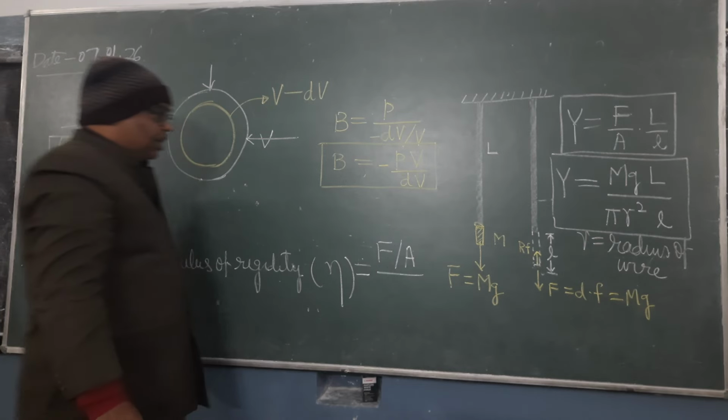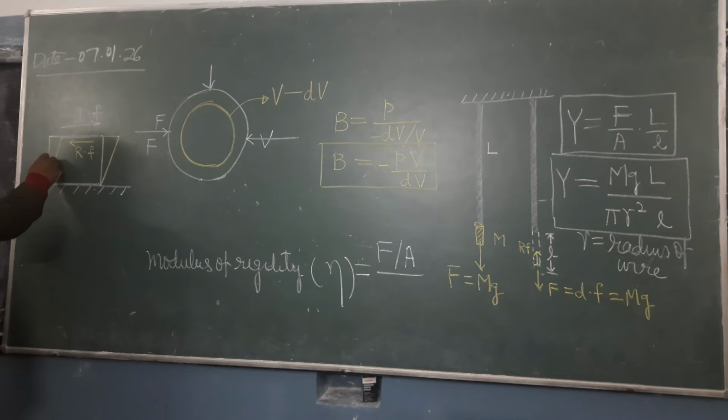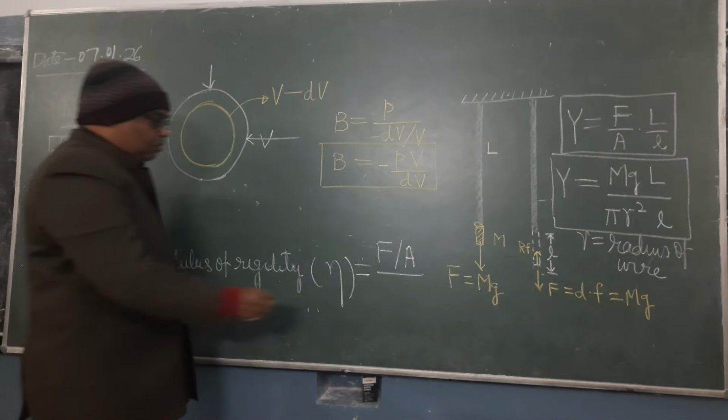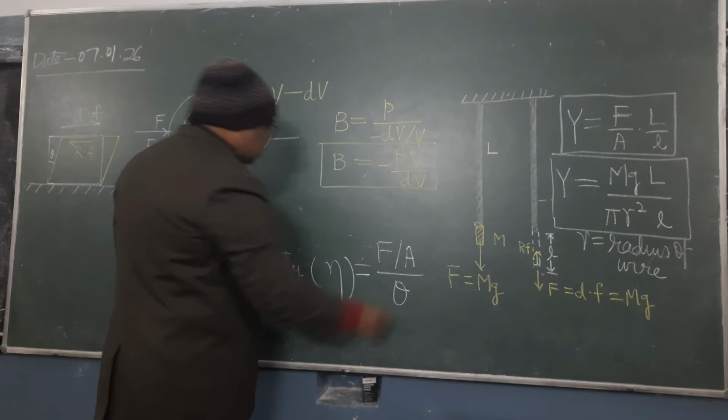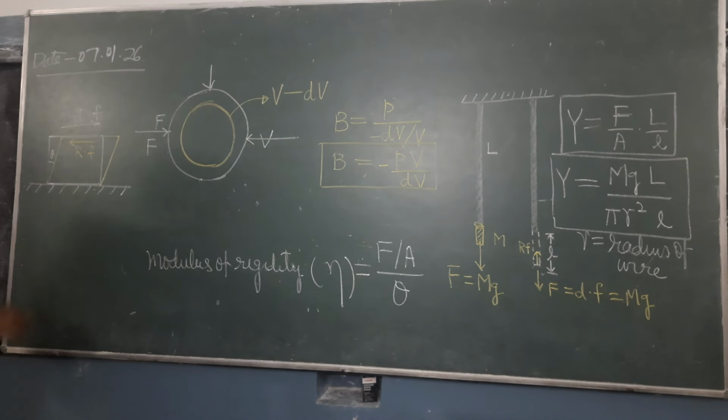And what is the strain? Strain is measured by this angle theta. So eta equals F upon A theta.